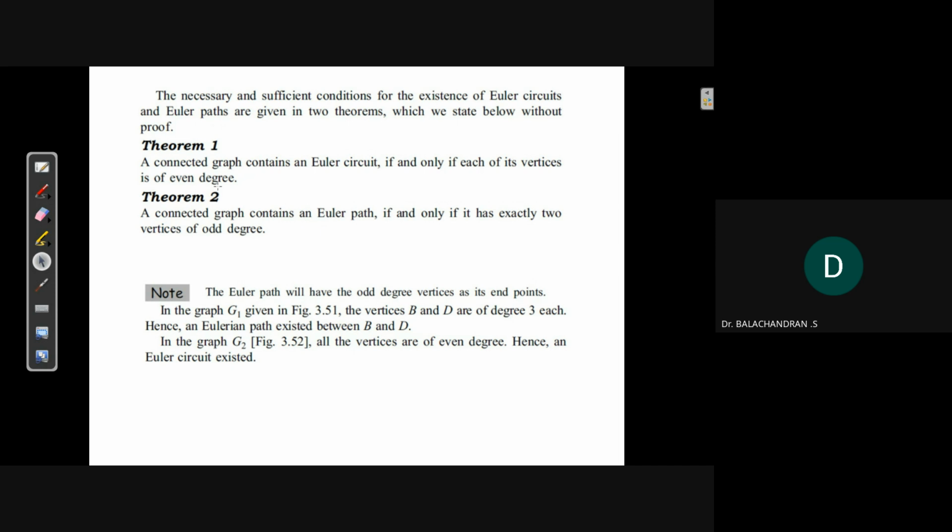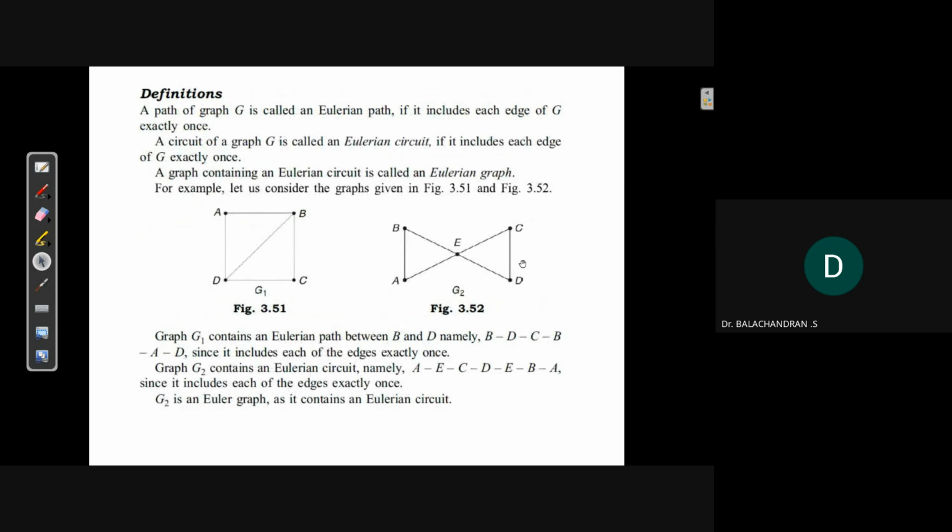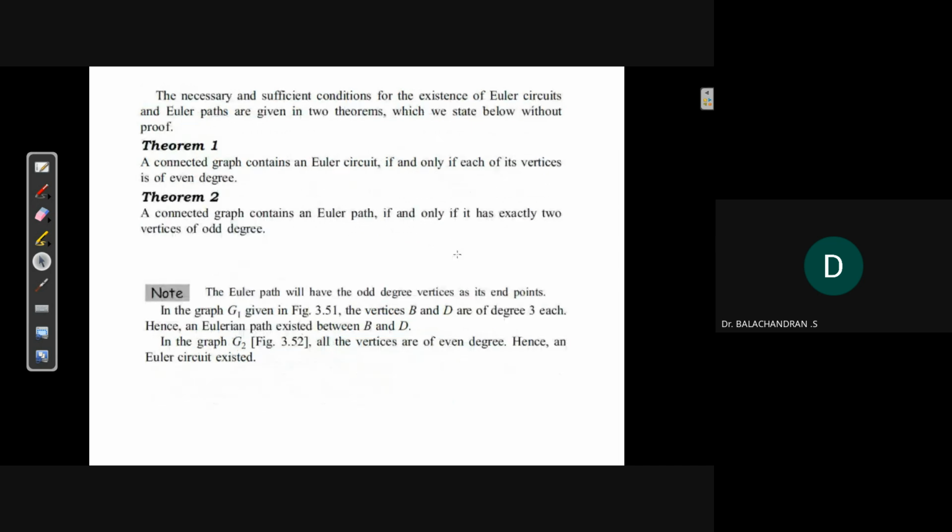Look at the previous example: the degrees are 2, 2, 4, 2, 2, so all the vertices have even degree. That is why it is an Eulerian graph.